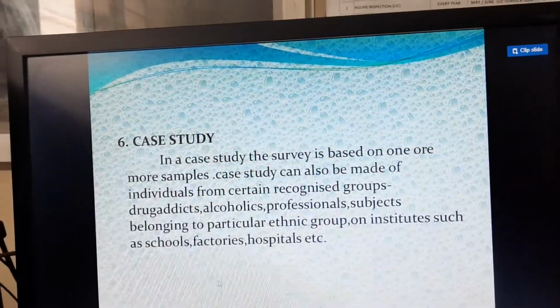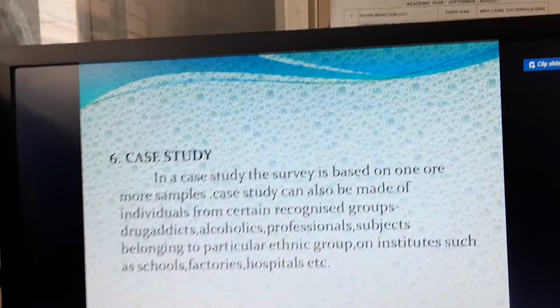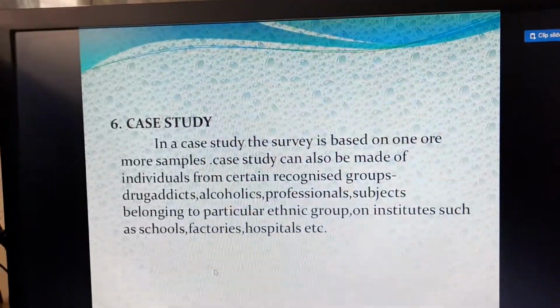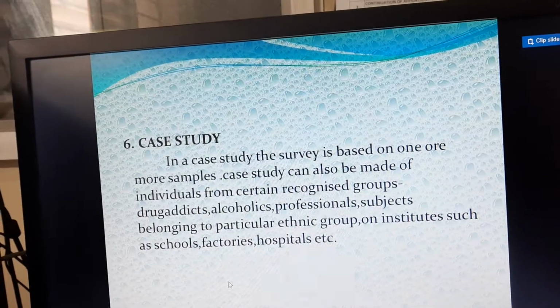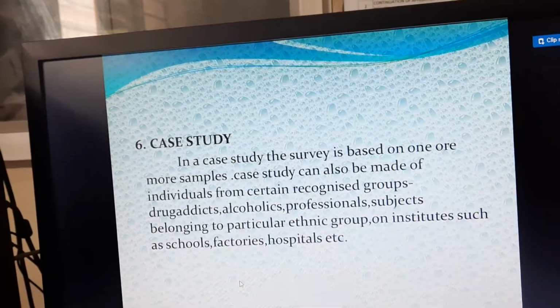Then the next one is a case study. In a case study, the survey is based on one or more samples.